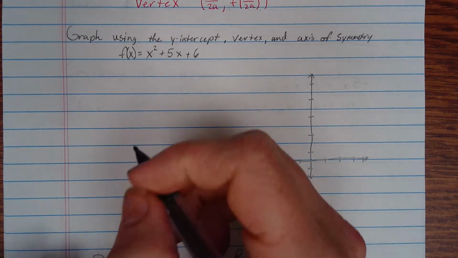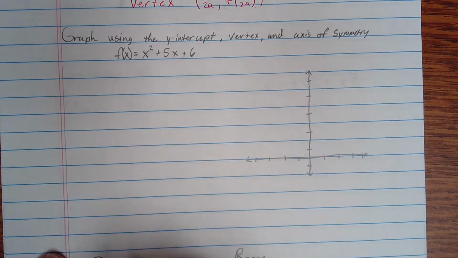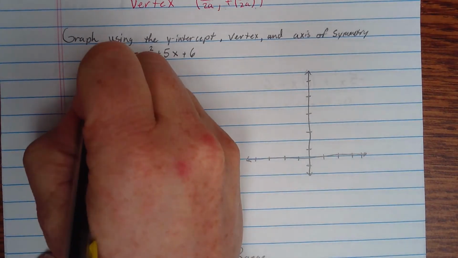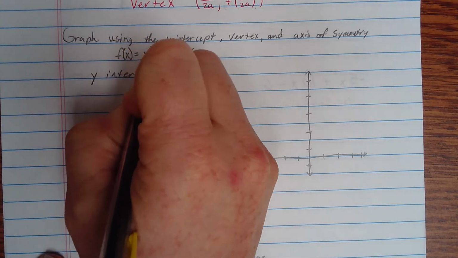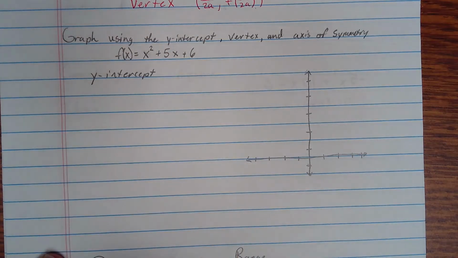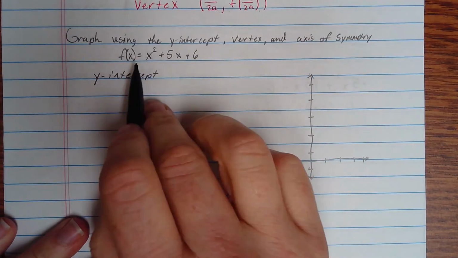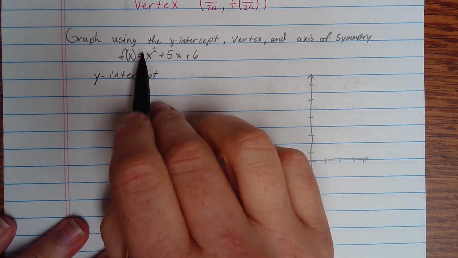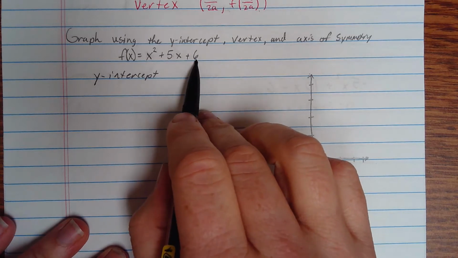Okay? So looking at this, I'm going to start by trying to find the y-intercept. So the y-intercept. Remember, the y-intercept is the value c. So as I'm looking at this, this would go away because I've got 1 as a, 5 as b, c is 6.